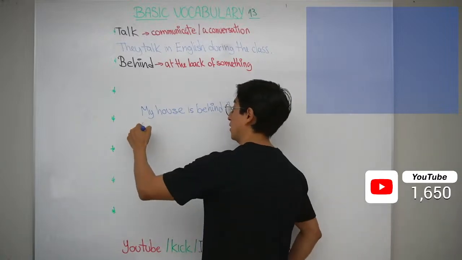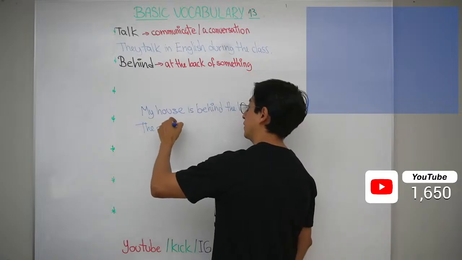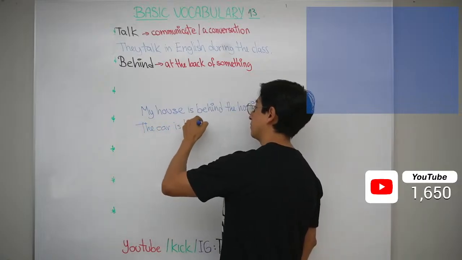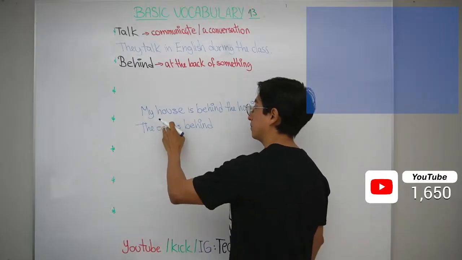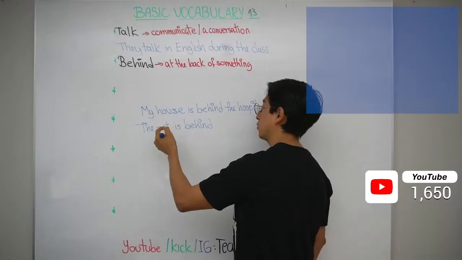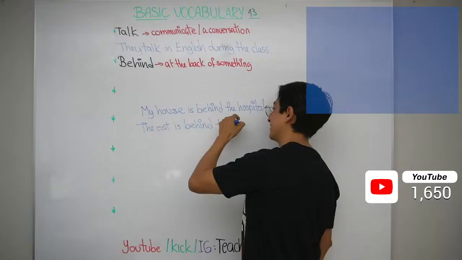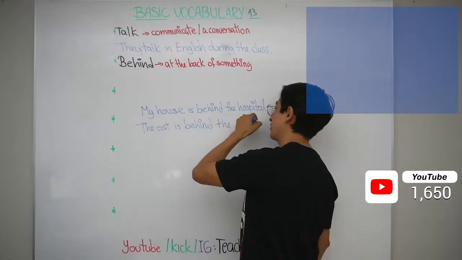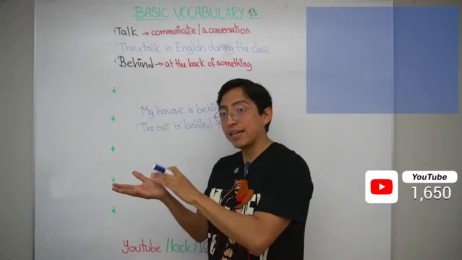Maybe look at this, no? The cat is behind the chair. Okay, the cat, or my cat, is behind the chair. So we're talking about the place where my cat is, no?